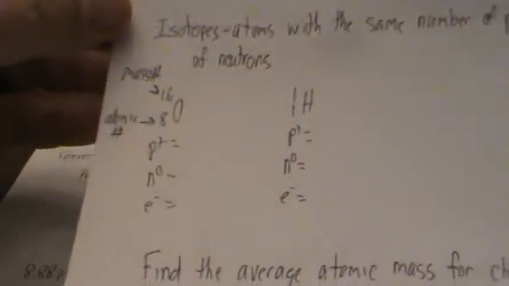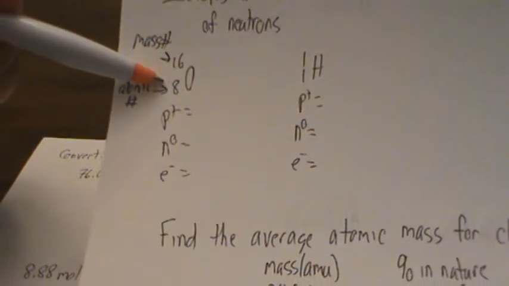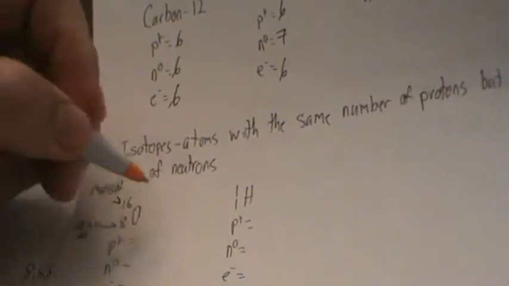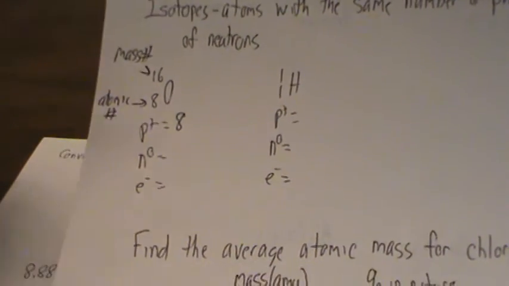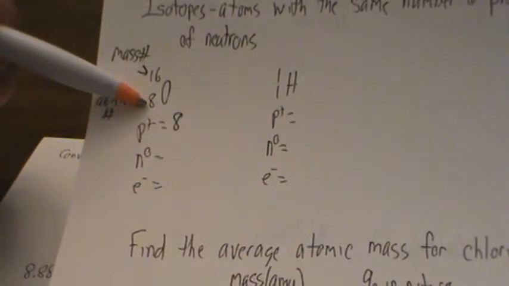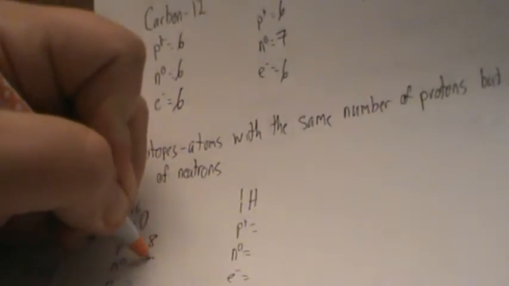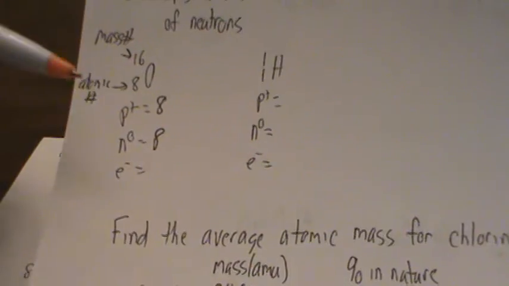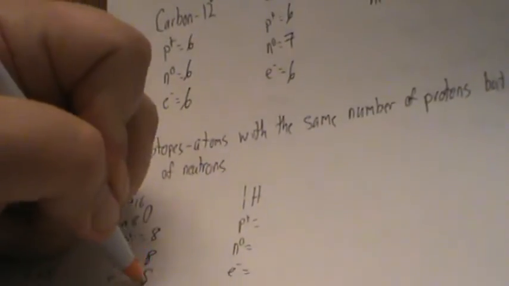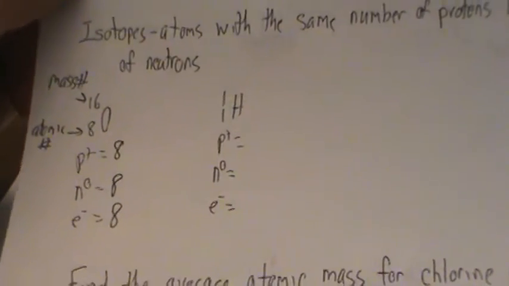So if we look at this oxygen 16 atom, how many protons? Well, atomic number is 8, so it has to have 8 protons. Neutrons, well, mass number minus atomic number, 16 minus 8, 8 neutrons. How many electrons? Well, if we have 8 protons, we have to have 8 electrons for this atom.